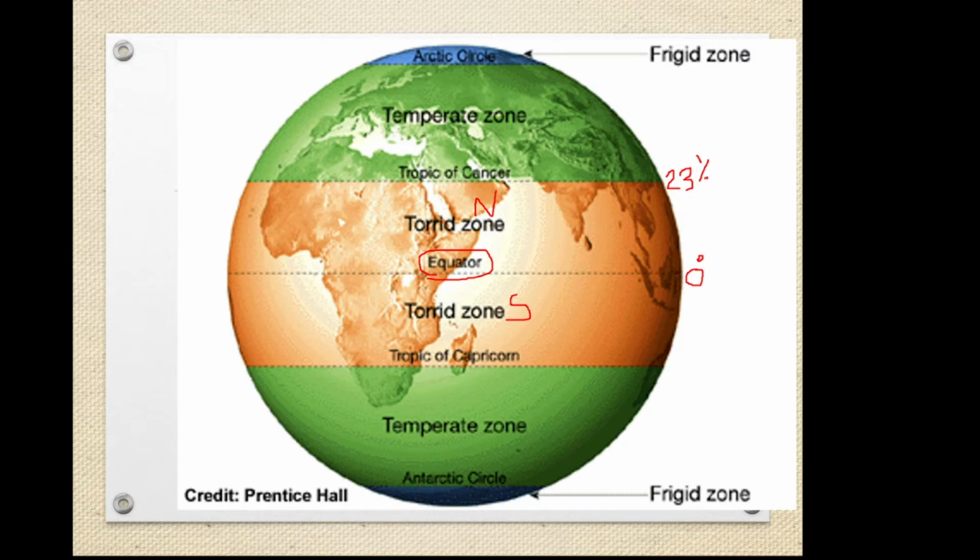And again in the southern hemisphere we can mark 23.5 degree south. So the first point from this diagram: the torrid zone lies north and south of the equator. It starts from 0 degree to 23.5 degree north in the northern hemisphere, and 0 degree to 23.5 degree south in the southern hemisphere.